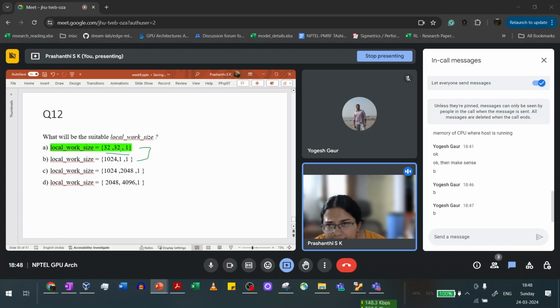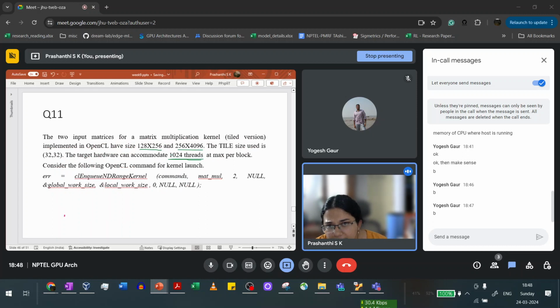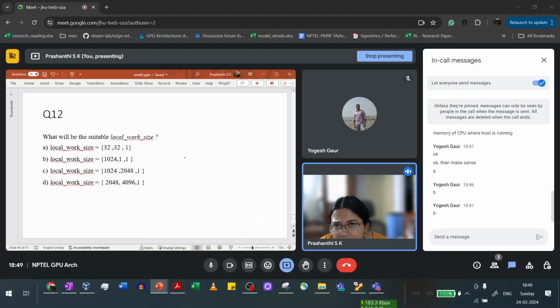But why A is given as the option goes back to your data dimension and how you want to use this notion of threads and blocks, or in this case, the work group and work items. With 2D data, it makes sense to have the same sort of structure in your further parallelism as well. So 32, 32, 1 is what's given as the answer.